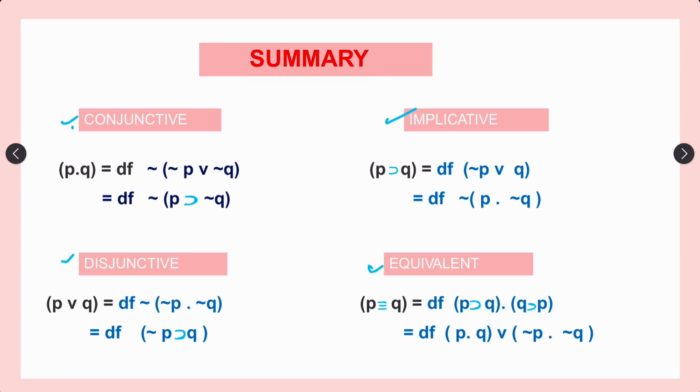So these are the functions with the formulas. So again these formulas are extremely important. Now based on these formulas, these four, conjunction, disjunction, implication and equivalent, let's try to solve questions now.